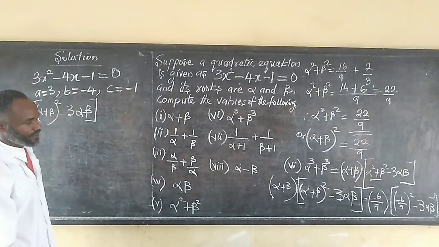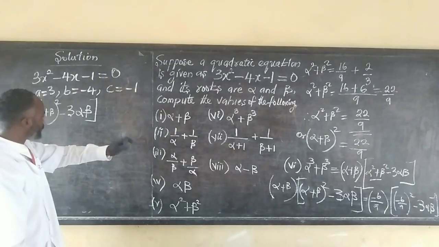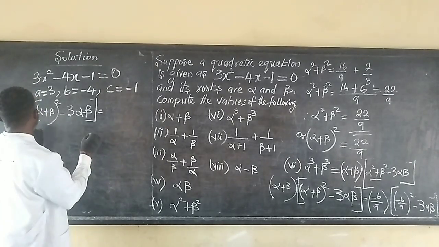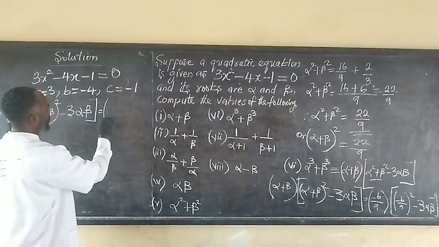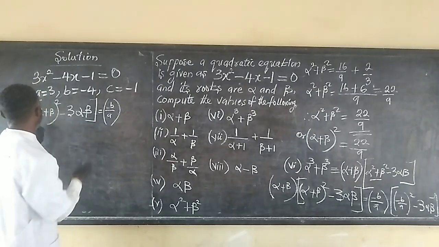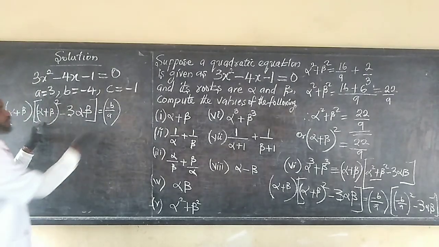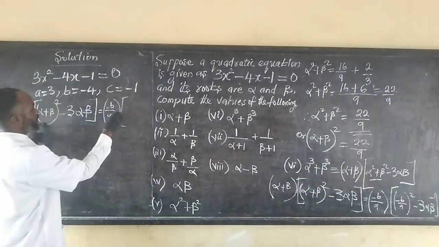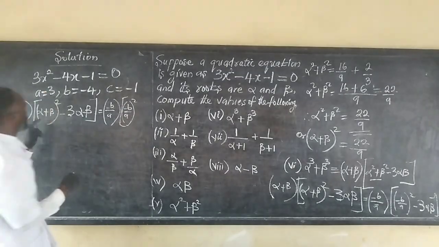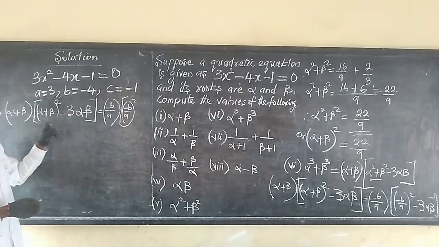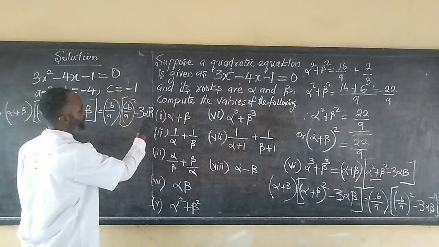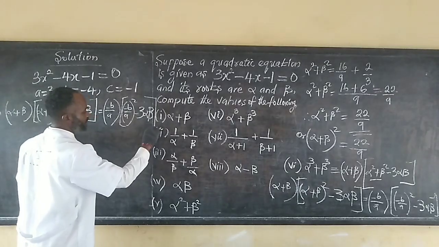So what we're going to do now: from here we have minus b over a, that's the first one. From here we have minus b over a, squared. That's this. Then here we maintain it the way it is, 3 alpha beta, and then close.